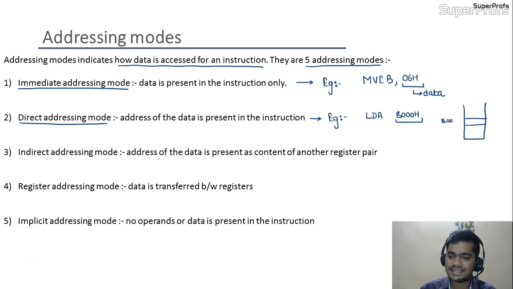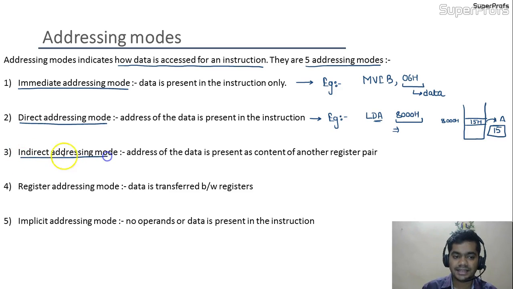Suppose this is 8000H and the data present is 15H. This data would be transferred to the accumulator, which is present inside the microprocessor. Here the address is directly present, therefore it is known as direct addressing mode.